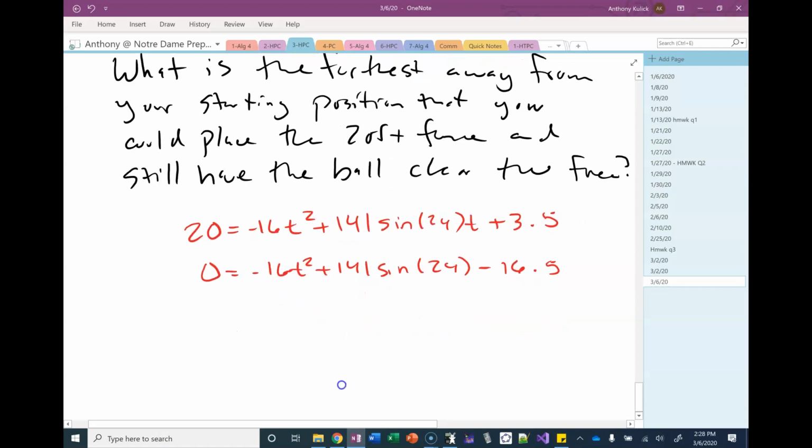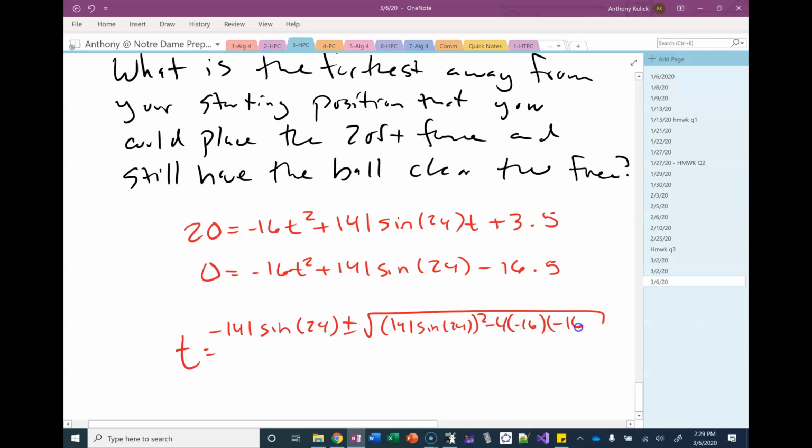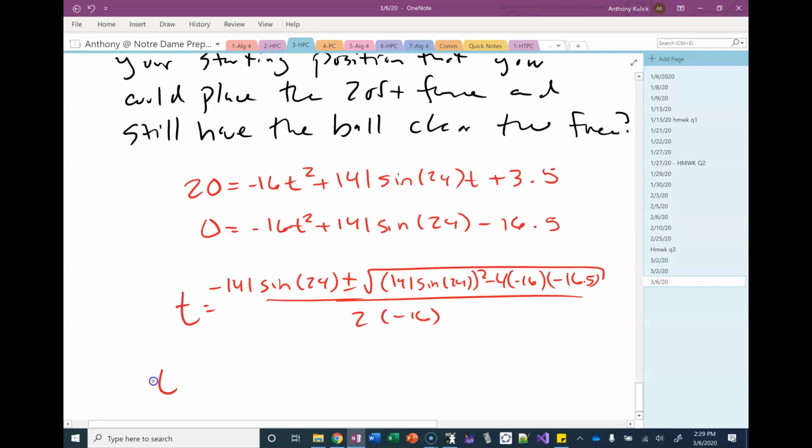Just like we did before, we'll use the quadratic formula. So this gives me two solutions.